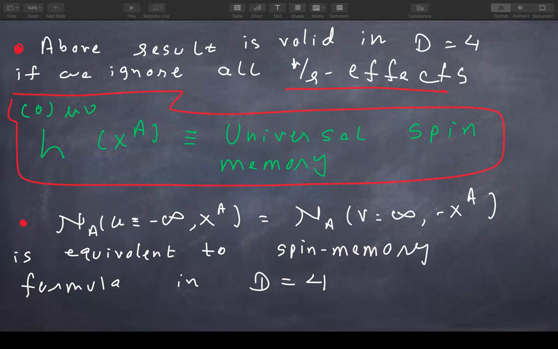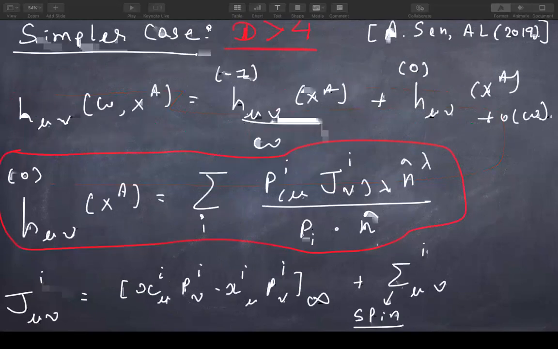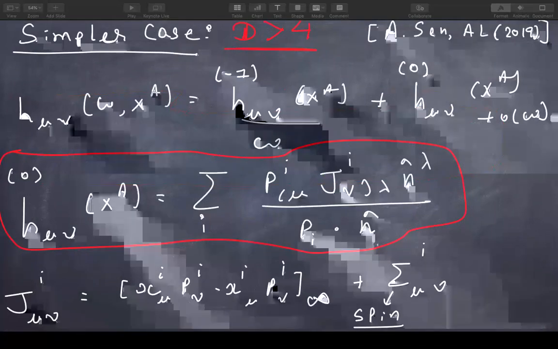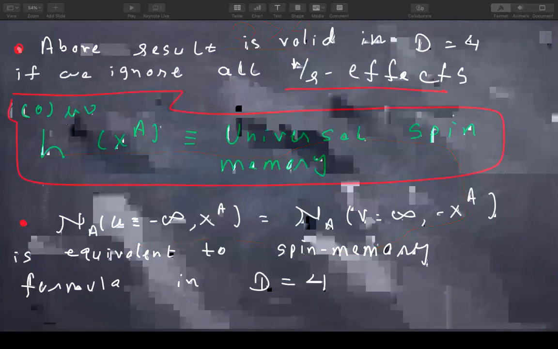Then what we see is that modulo these 1/r effects, we get a universal term even at the subleading order in frequency for the gravitational radiation. And this is what is called the spin memory in the literature now. And it turns out that this statement that h^{(0)}_{μν} is equal to this term, which is the sum over i of p_i μ j_i νλ, is equivalent to the conservation of the angular momentum aspect at each angle.